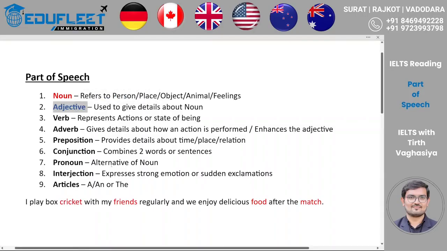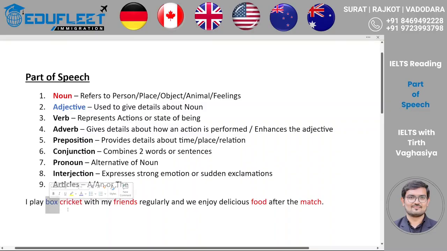With respect to our sentence, let's check, do we have any adjective in this? First of all, you need to look at the nouns: cricket, friends, food, and match. These are my nouns. What I have to do is see if any word describes those terms. Does anything describe friends, like close friends? No. Match? No, nothing about the match. But if we talk about cricket, then it is referring to the type of cricket, which is box cricket.